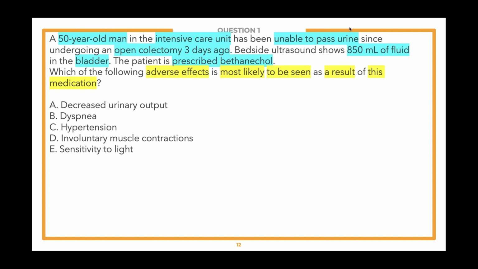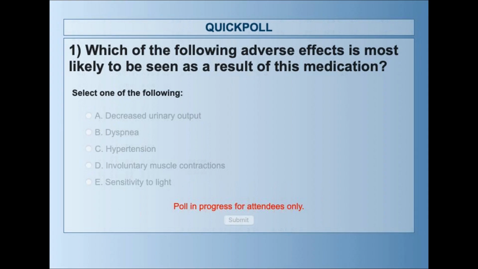So with that, I believe Jeff is going to open up that poll. That's correct. We have launched the poll. Take a look at that set of adverse effects and let us know which one you think is most likely to be seen as a result of the use of Bethanechol.